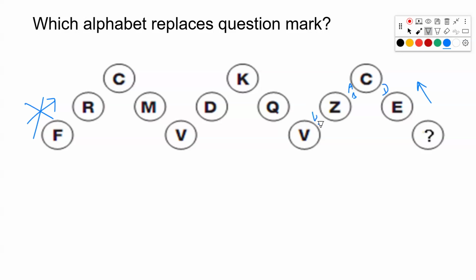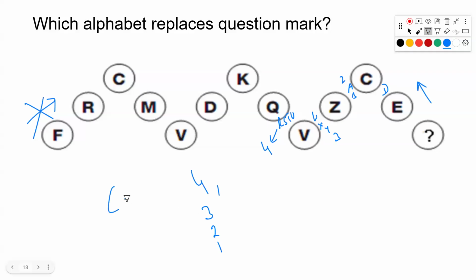U V W X Y Z, three letters. So you know M N O P Q R S T U V. So if you look at this, four letters, so I have four, comma, then it is three. Here it is only three. Here it is two. Four, three, two, one.